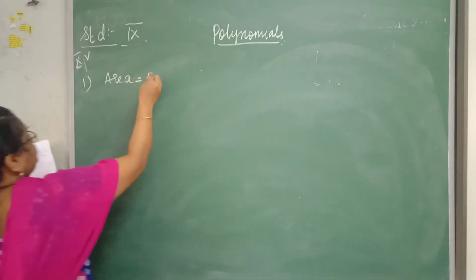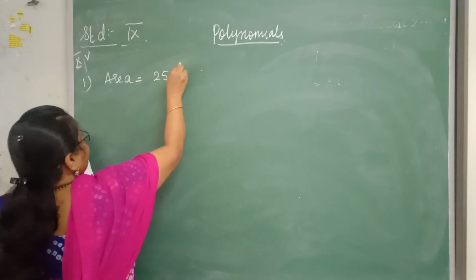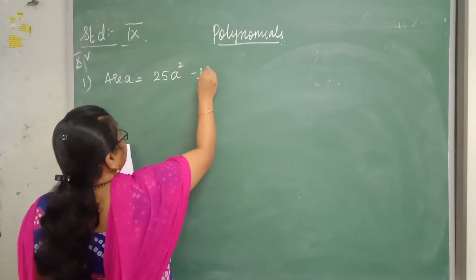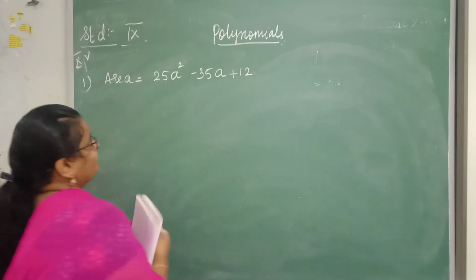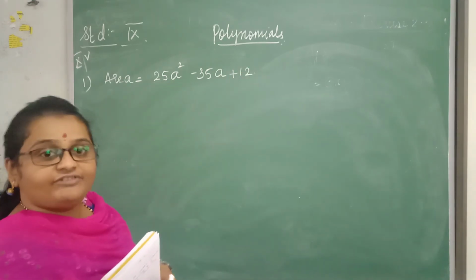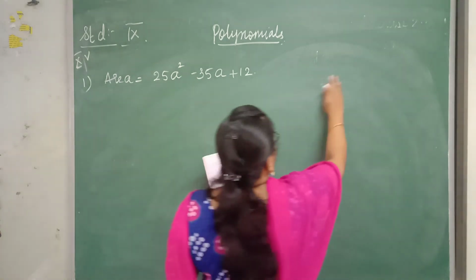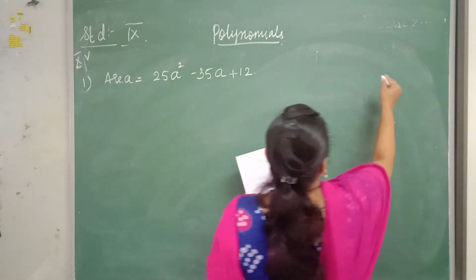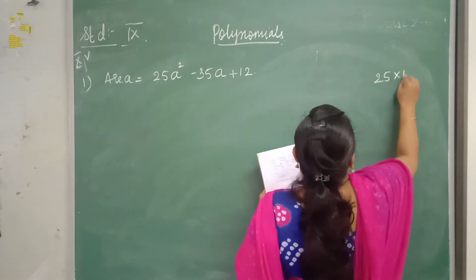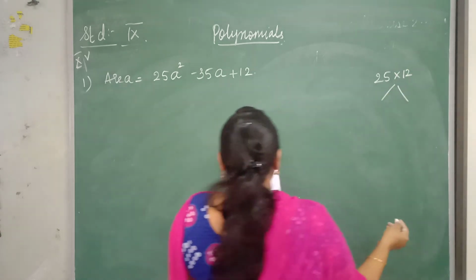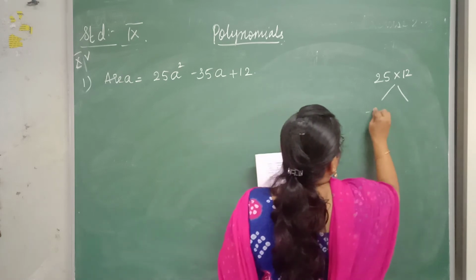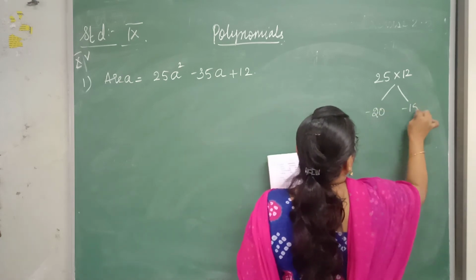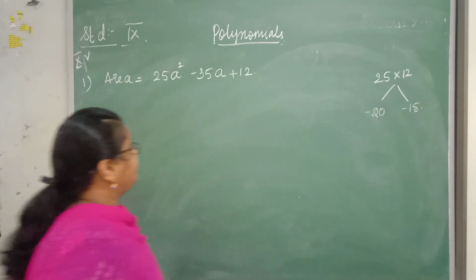Area is equal to 25 a square minus 35a plus 12. As soon as you see it, it's nothing but factorization. So first multiply the first and the last term, that is 25 into 12. If you add or subtract, you should get the middle term, that is 35. So I will be taking the factors as minus 20 as well as minus 15.